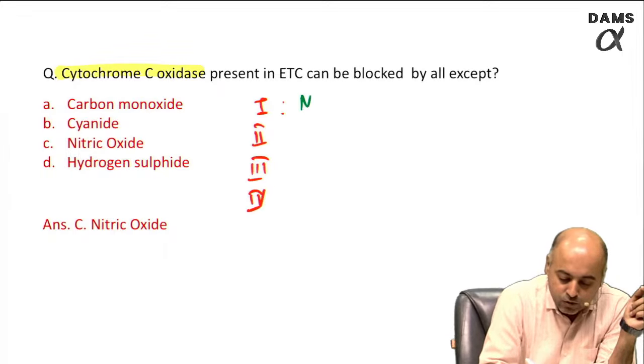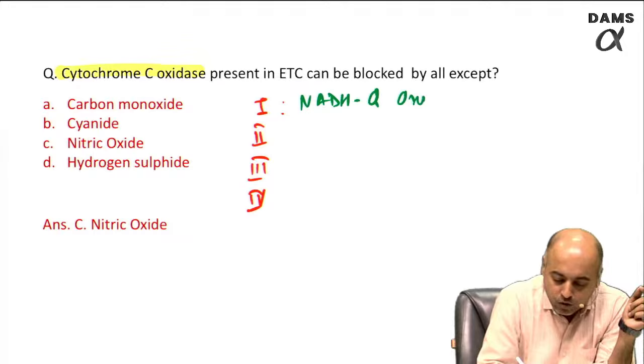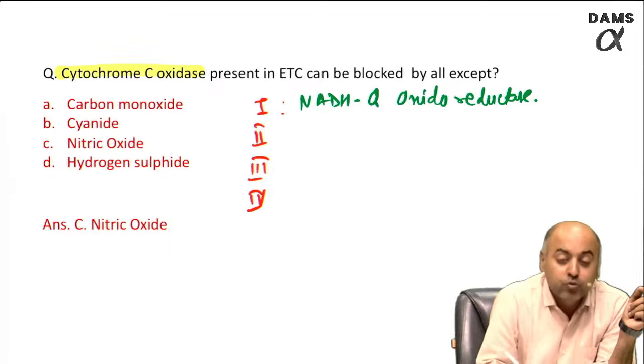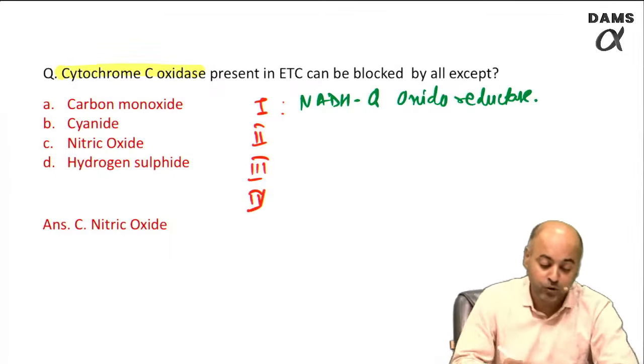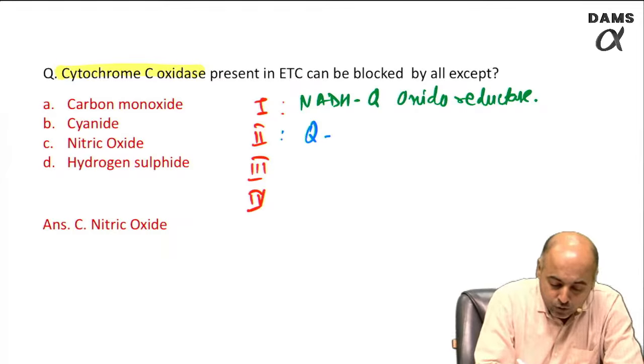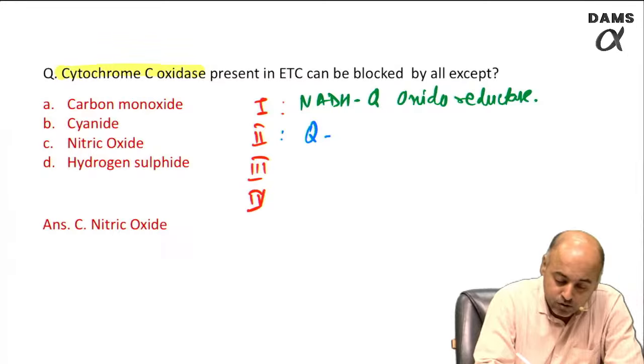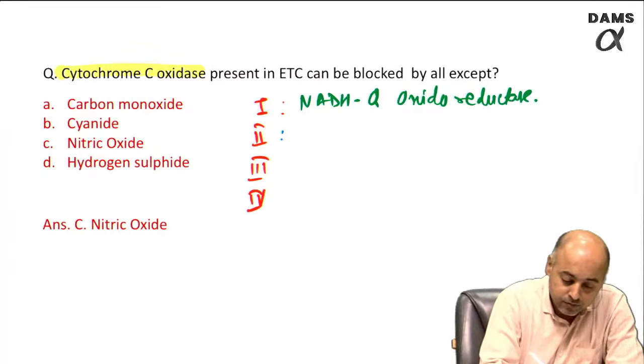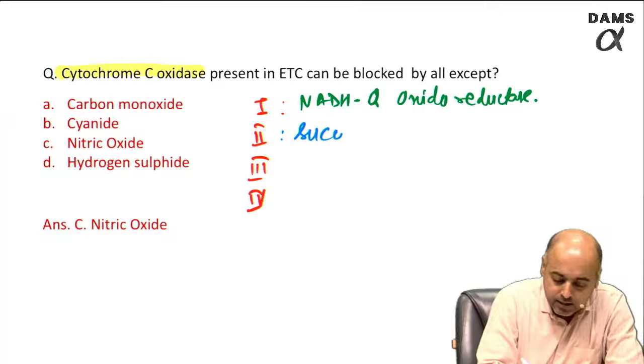Complex 1 is known as NADH Q oxidoreductase. Here the Q stands for ubiquinone. So instead of Q, they can also write ubiquinone. Complex 2 stands for succinate Q reductase.